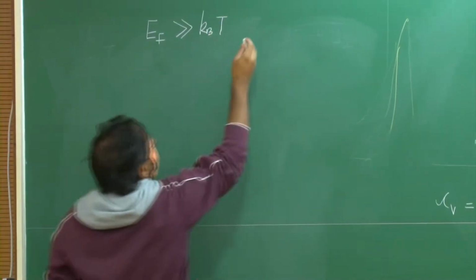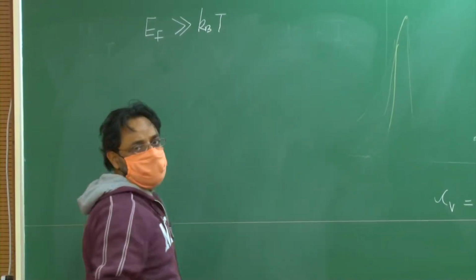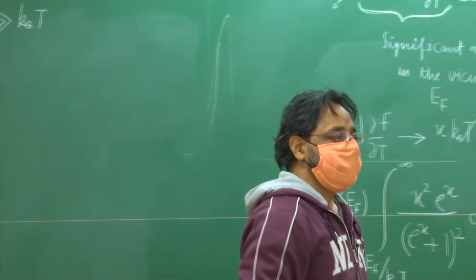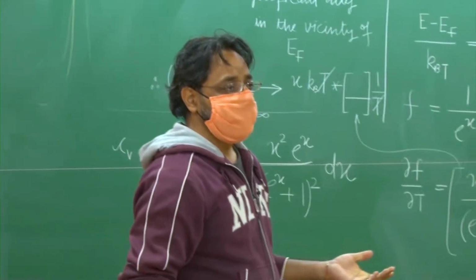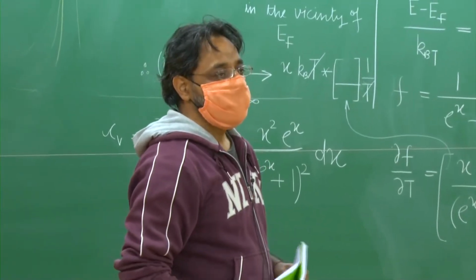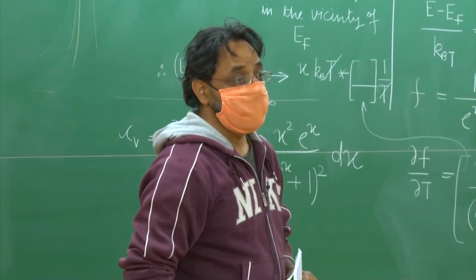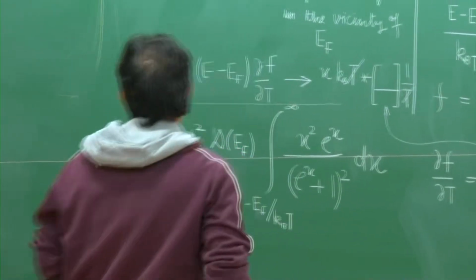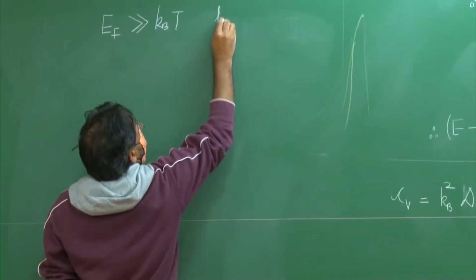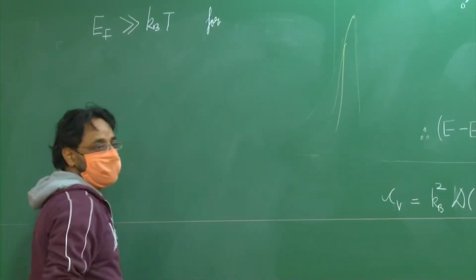At least near room temperature, this is very easily satisfied, because T is of the order of 300 Kelvin, and your EF, you remember yesterday I told you EF for even sodium is 37,000 Kelvin, right? So EF is much greater than kBT for ordinary temperatures, and by ordinary I mean certainly room temperature.